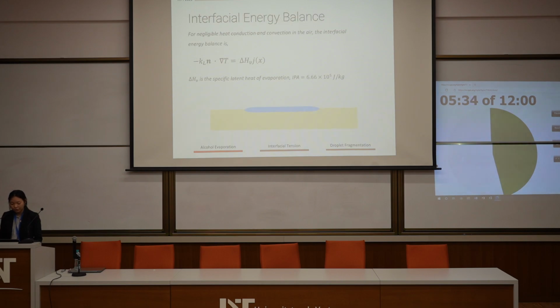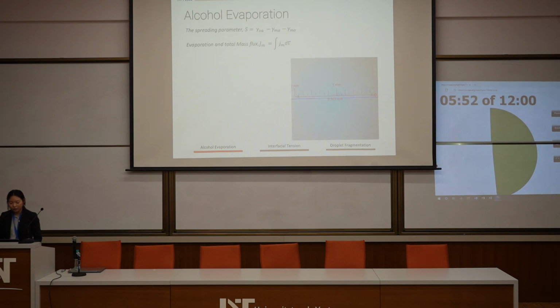In terms of its interfacial energy balance, for negligible heat conduction and convection in air, the interfacial energy balance is calculated as follows, in which we consider the liquid conductivity and the alcohol evaporation throughout the process. In terms of alcohol evaporation itself, we know that the alcohol is evaporating at a constant rate, and then the spreading parameter is how we introduce the certain scenario in which the droplet will actually spread.